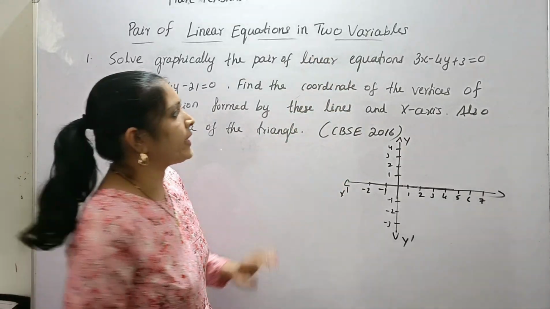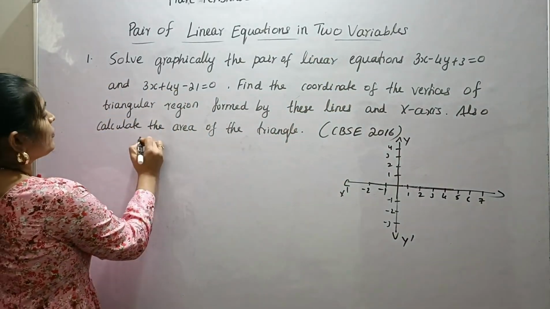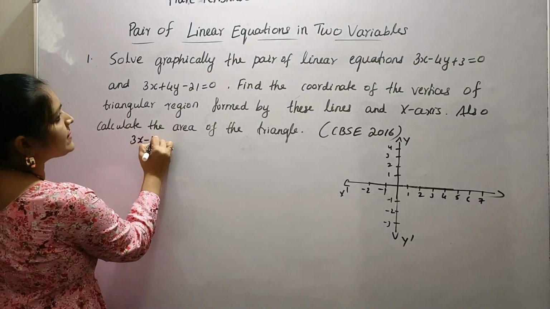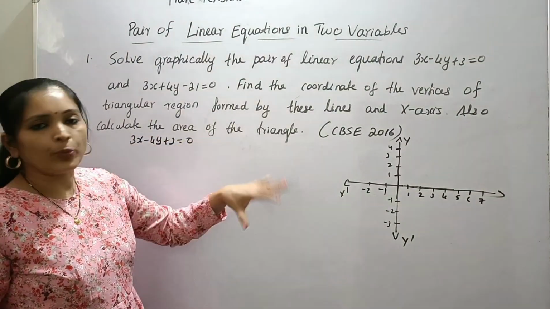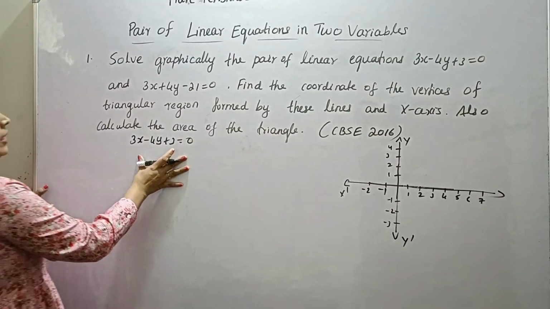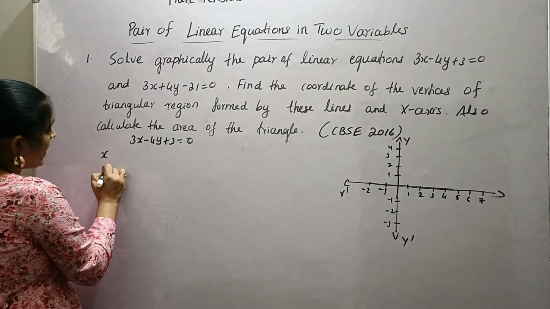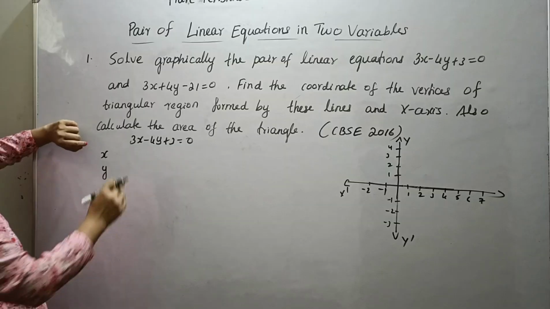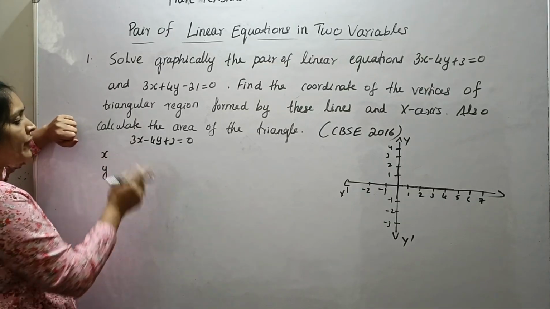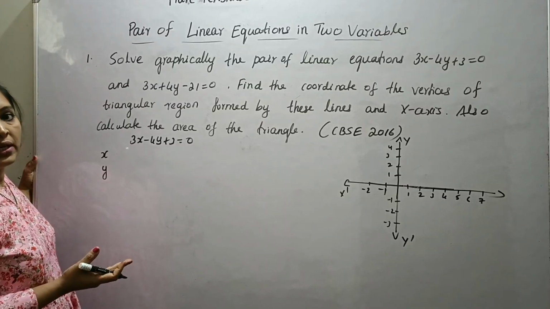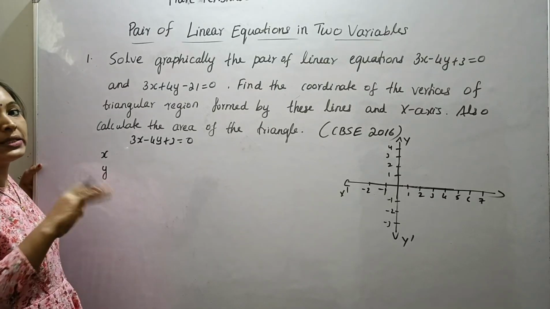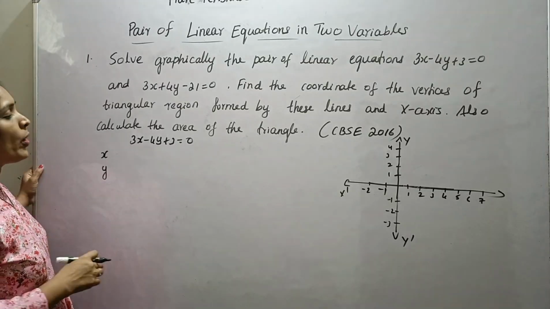So we have to draw the graph. First equation: 3x minus 4y plus 3 is equal to 0. To draw the graph we have to plot the points. So let's take x and y values. First, let's put x is equal to 0. Then we will get y as a fraction, so it is better to take integers to plot the points.